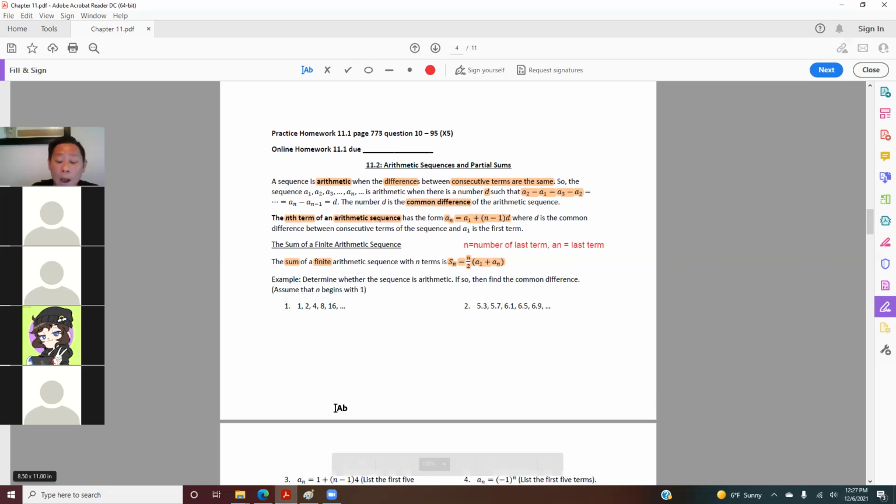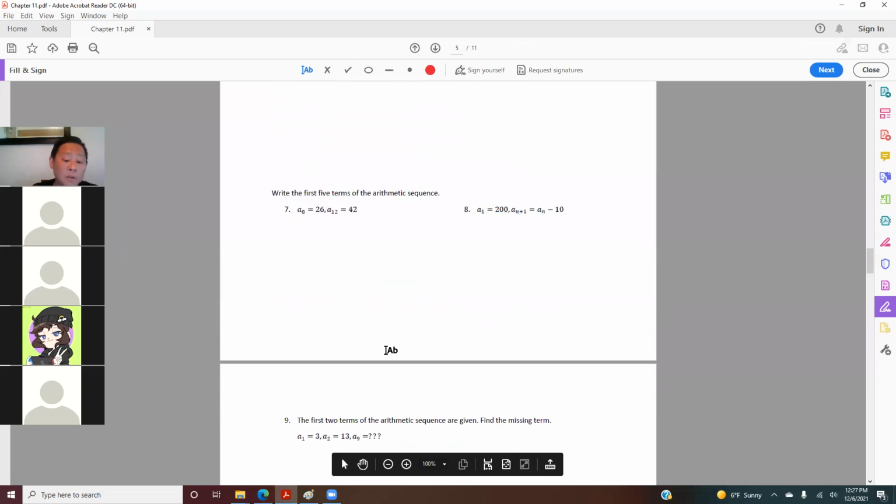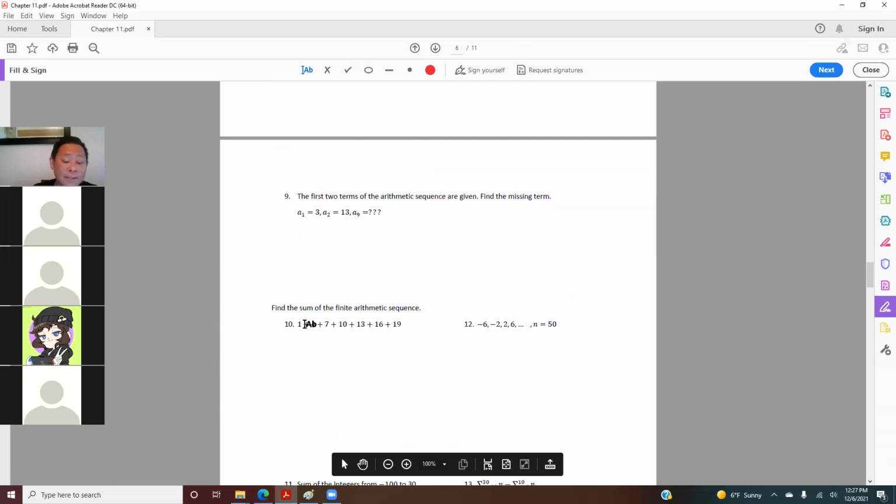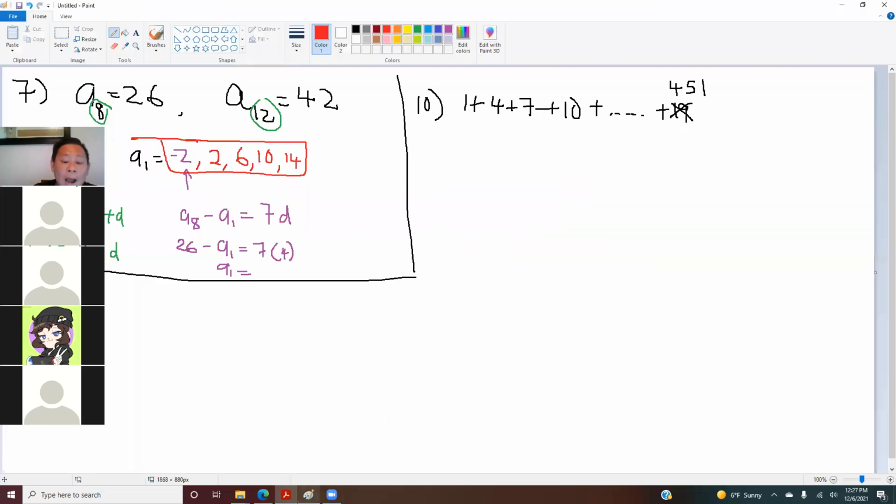Okay. So what we're going to do here is we are not going to do question number 10, because this is too simple. You can actually take out your calculator and add them up, right? So in your test, you won't get up to 19, because literally you can just take out your calculator and add this up. So I'm going to change the question to not 19, but to 451. Okay. So 1 plus 4 plus 7 plus 10 and so on.